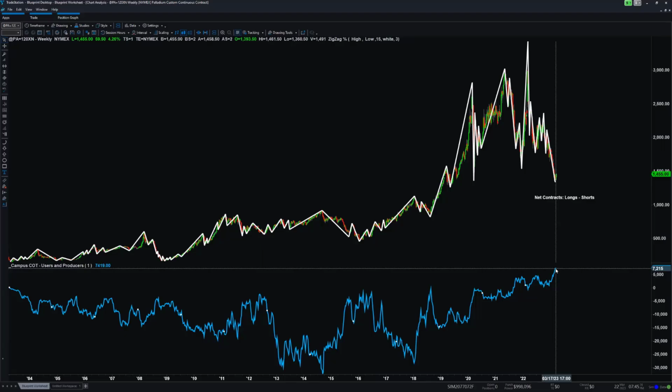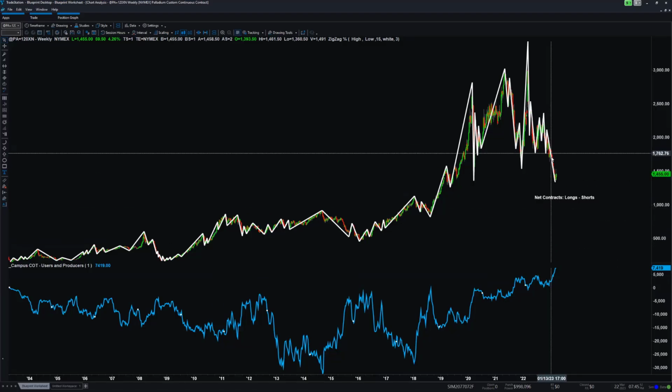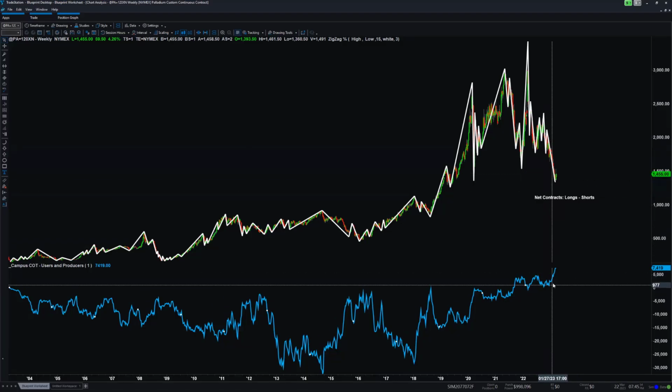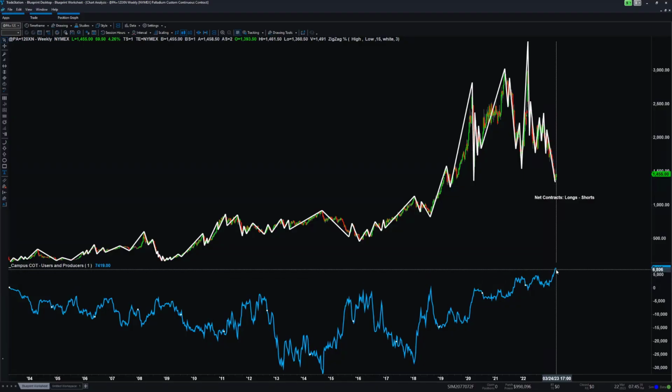What we'll see oftentimes portrayed is that the commercials will continue to buy. The right terminology here is they'll continue to accumulate as prices go lower. Prices go lower, they continue to accumulate.